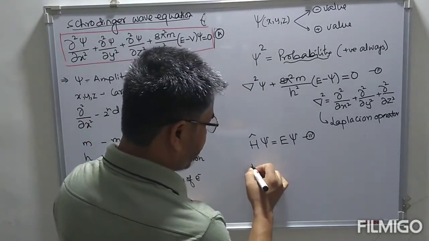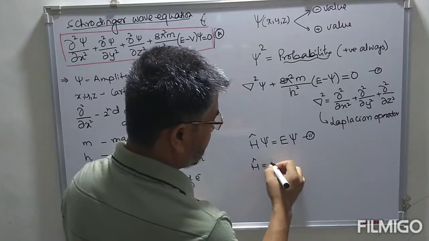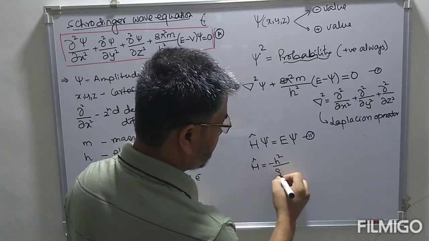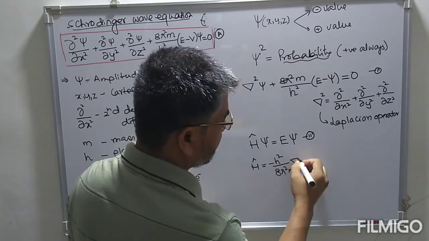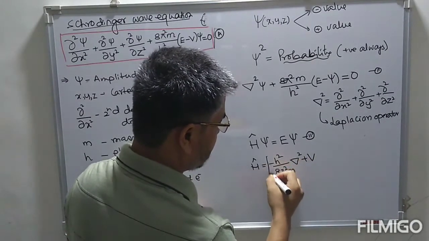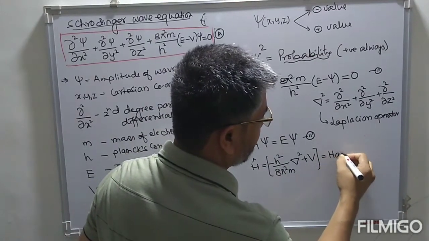What is H cap? H cap is minus h square by 8 pi square m del square plus V, and this is known as the Hamiltonian operator.